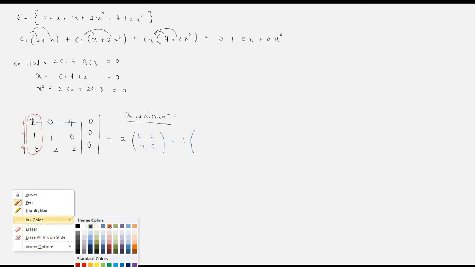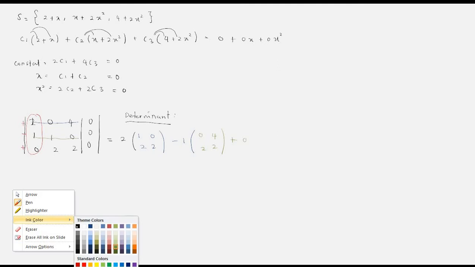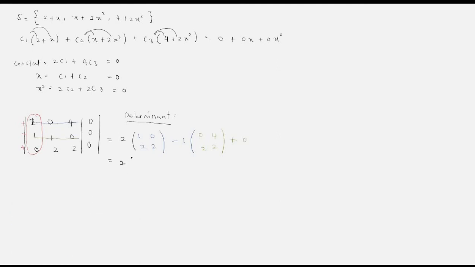This time we will eliminate the second row, so we take 0 4 2 2. The last one is plus 0, and anything multiplied by 0 will equal 0, so we can ignore that and continue to calculate the determinant.